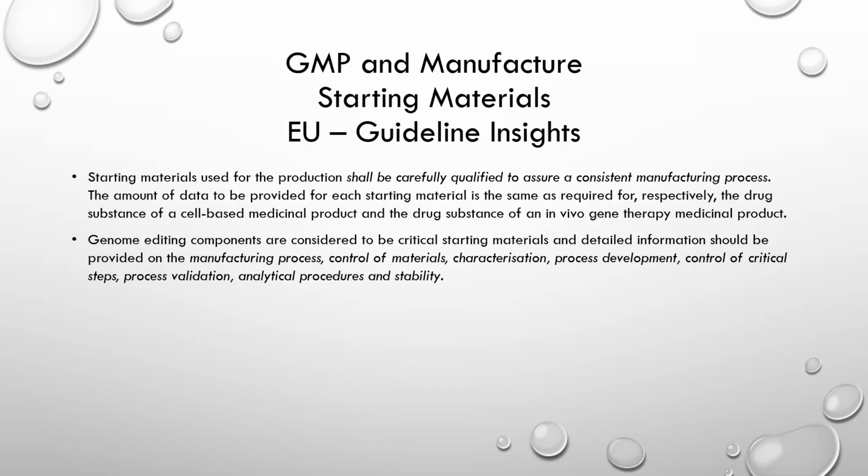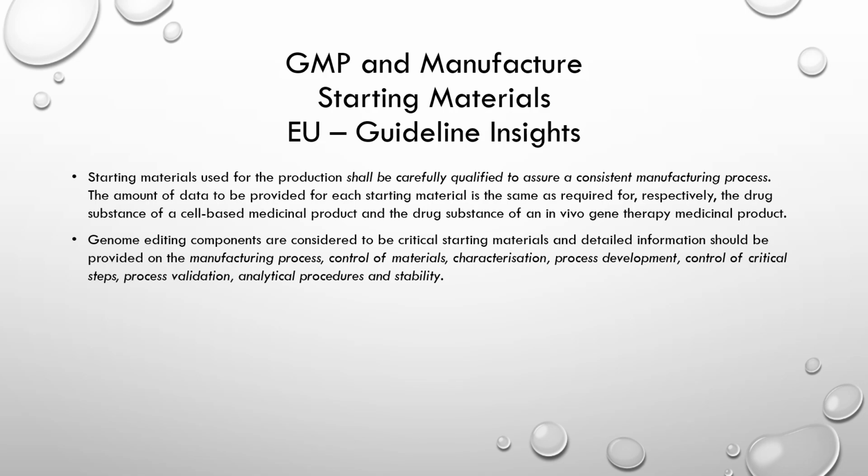So in this case this will be the CRISPR-Cas9. So these will be the plasmids that are used to manufacture the microRNA and the ribonucleoproteins that are used for the gene editing. These are the components that are critical for the manufacture of your product.